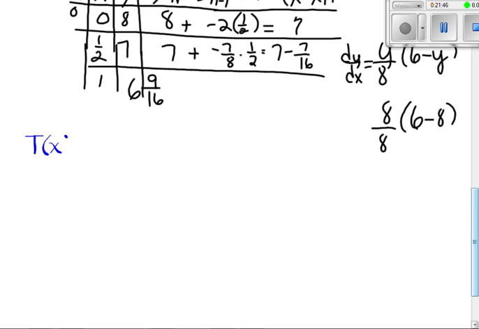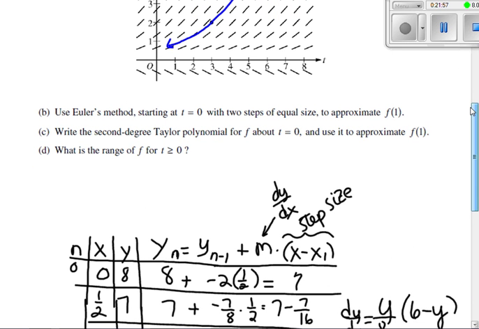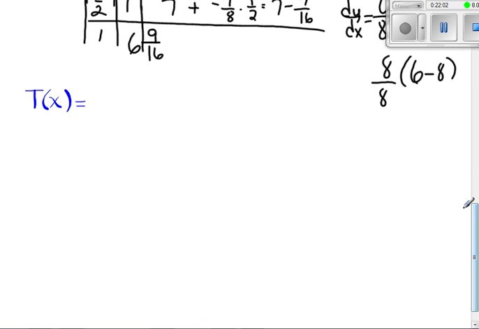T of x. Now, this is centered where? At the origin, right? It says about t equals 0, so it's centered at the origin. And it's going to be, and I'm going to let you do this, f of 0 times x minus 0 to the 0 over 0 factorial.